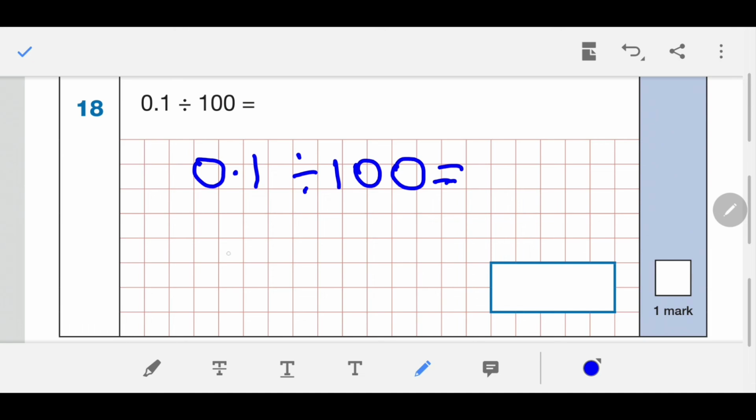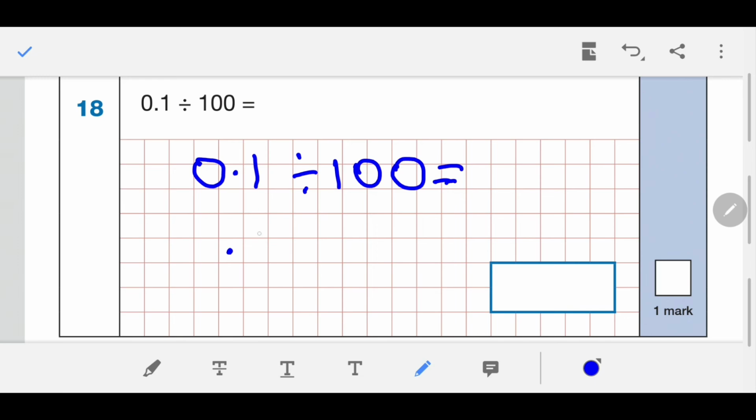If I keep my decimal point there, if I'm dividing by 10, I know for a fact my decimal point stays in the same place. Do not forget, it's the numbers that move, not the decimal point.